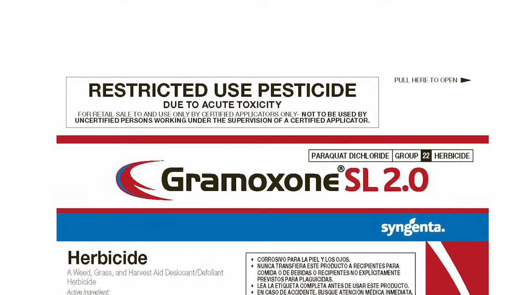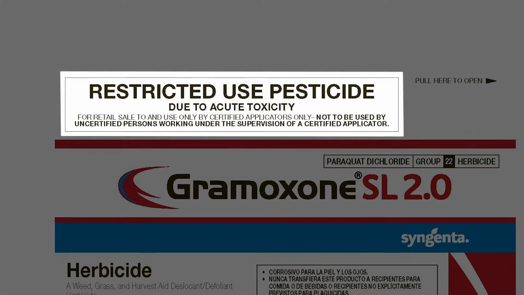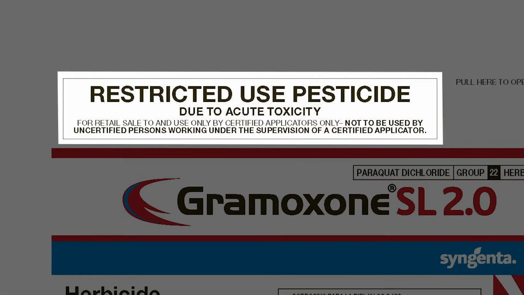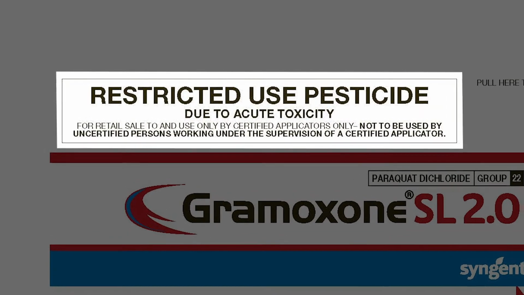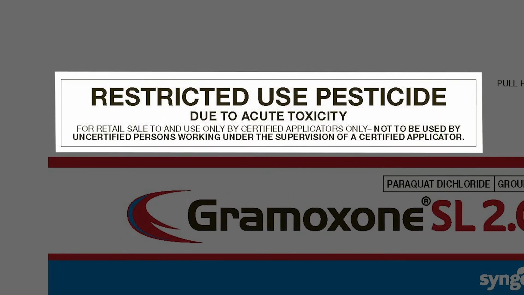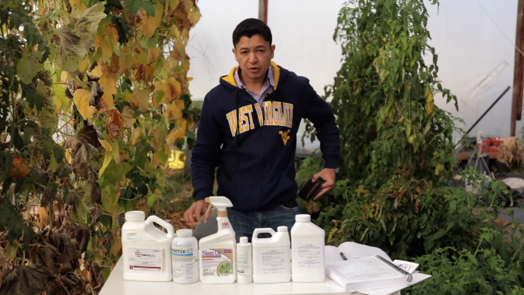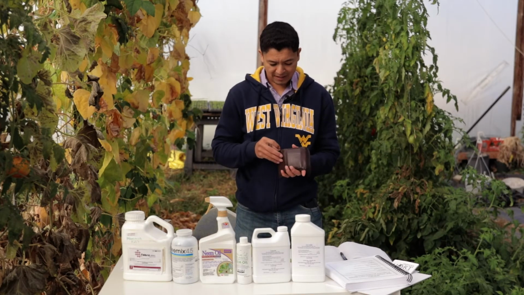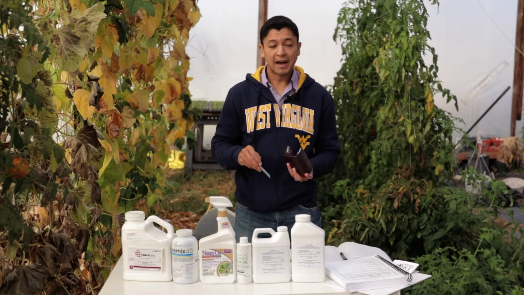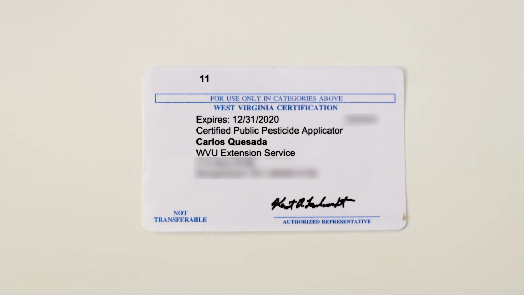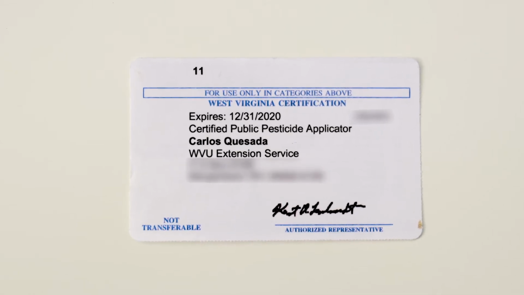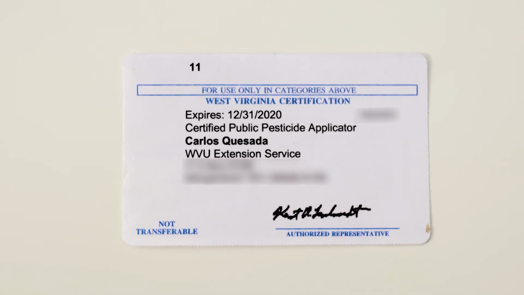As you can notice, all pesticides that are restricted use must have a statement on the label that they are restricted use pesticide. So if a farmer or anybody else wants to buy it or work with it, they must have a West Virginia pesticide license, as I have mine over here.